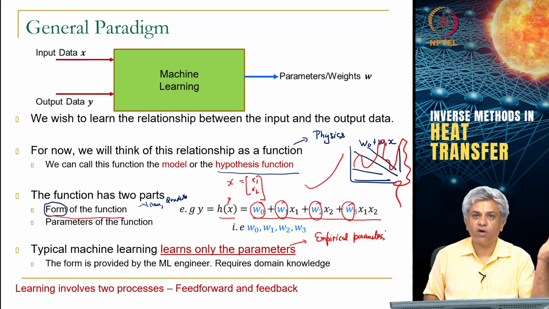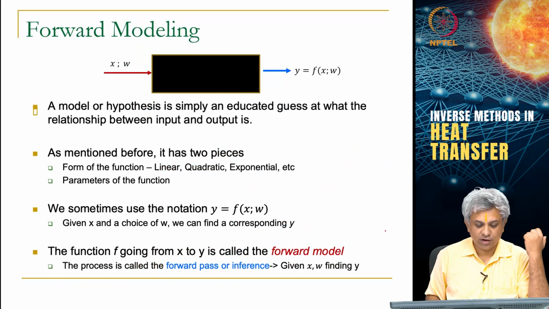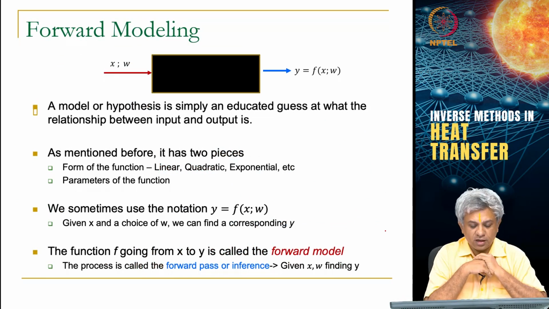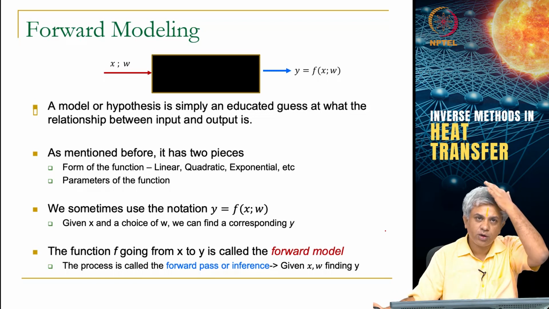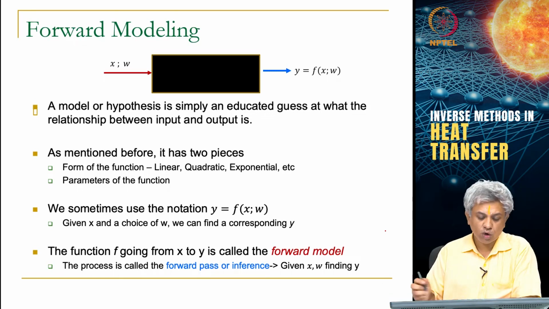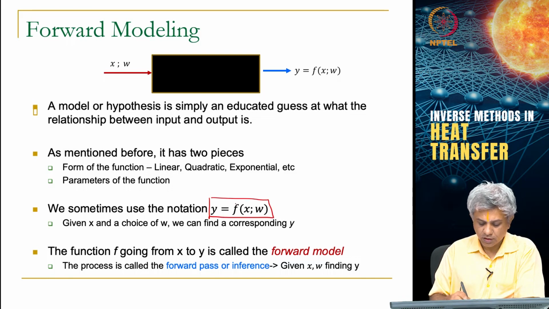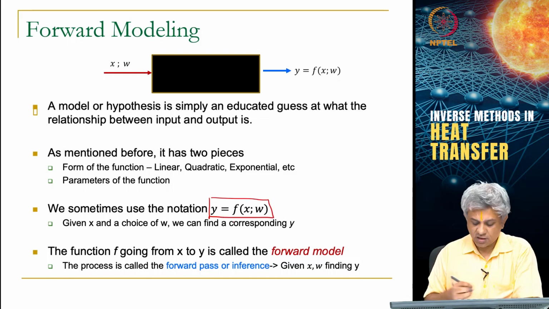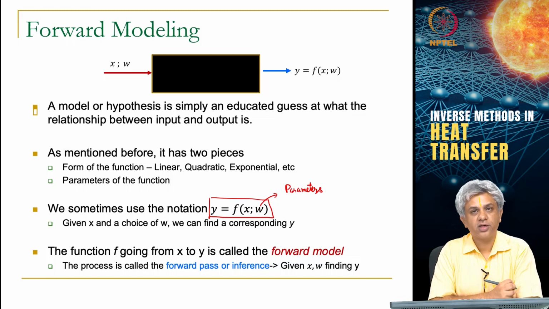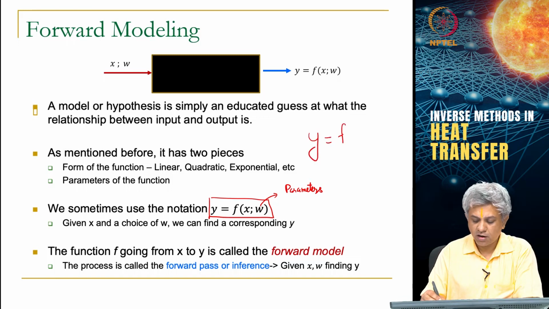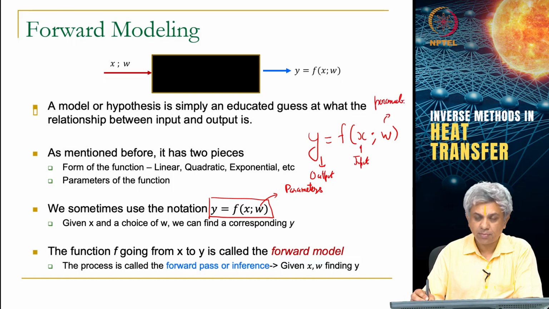But typically this learning involves, like we have been seeing with inverse problems, feedback and feed forward. So, the forward modeling is just like what we have been doing so far. We use this notation: y is a function of x, and w are the parameters. I used this earlier even during probabilistic modeling. So, the output is a function of the input with some unknown parameters.